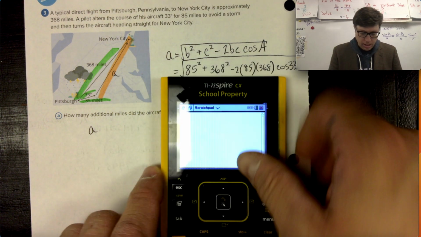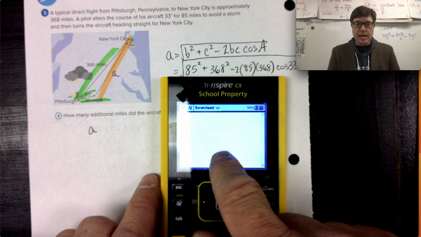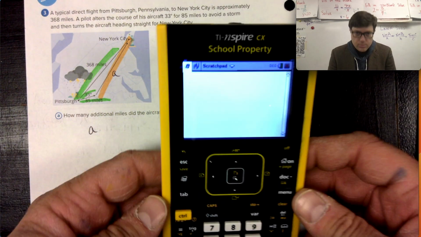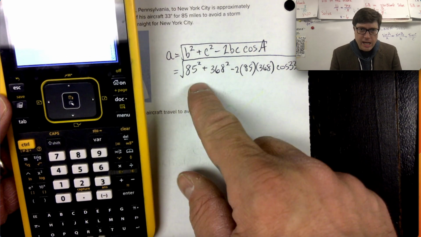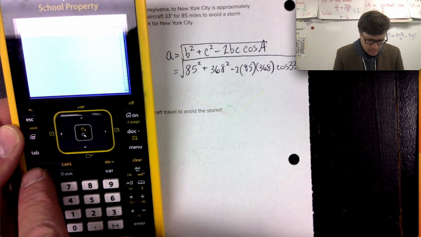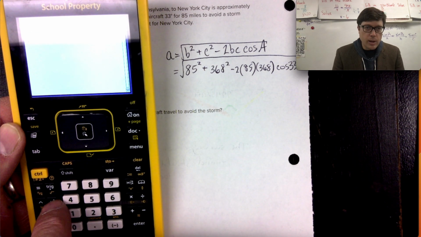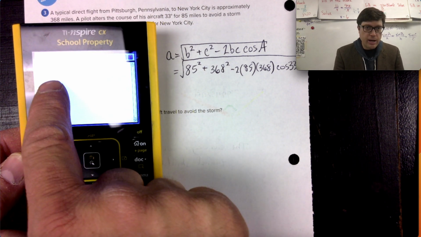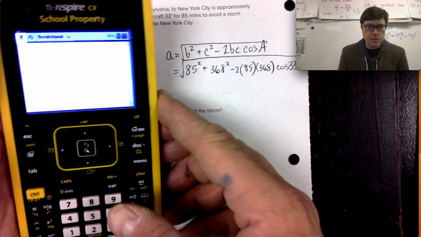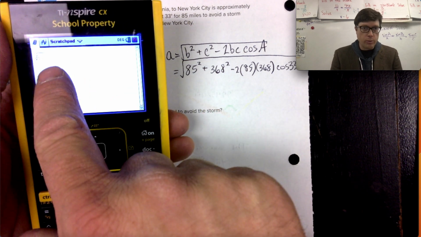So I'm going to plug all of this into the calculator and solve. I'm going to do the square root first, so control x squared makes our calculator have a square root.